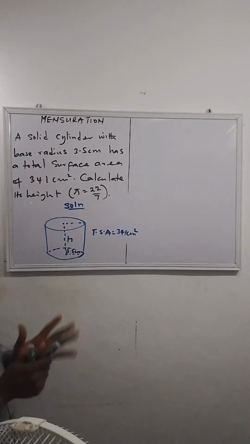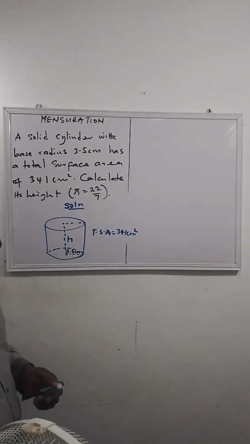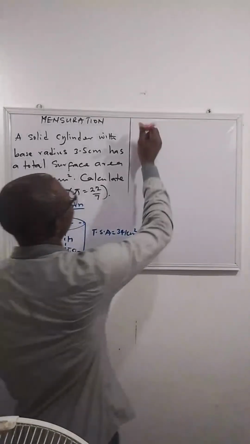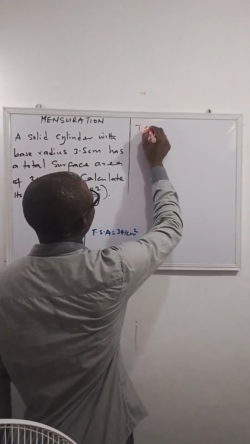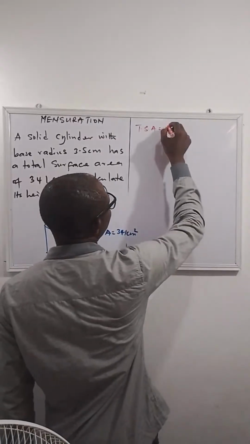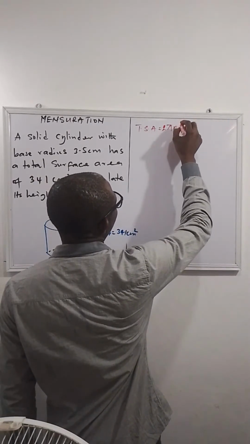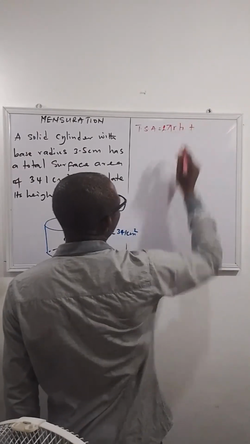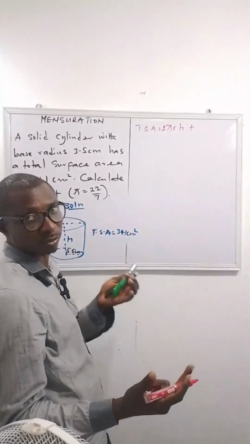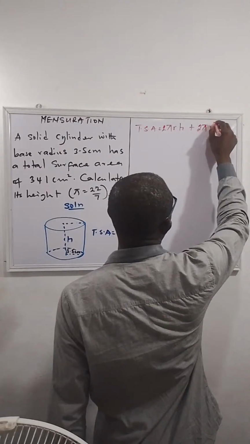So, total surface area of a cylinder. Let me write out the formula. Total surface area is the curved surface area, that is 2 pi r h, plus the two sides, the two circles, which is 2 pi r squared.